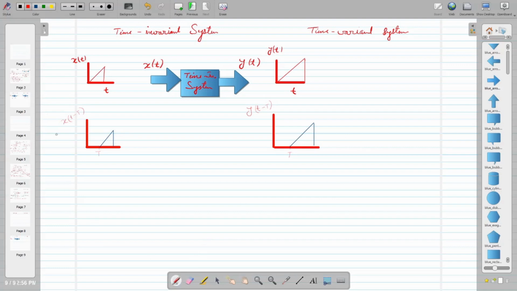Now in the mathematical representation, a system is having input x(t), and after transformation the system is having output y(t).